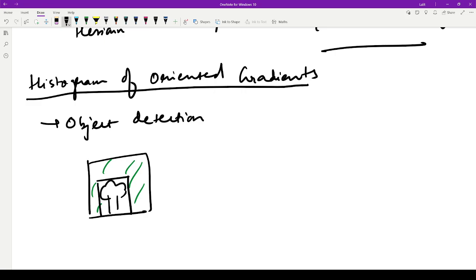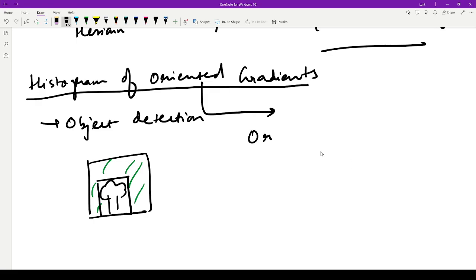Again, there were gradient computations being used to get the boundaries of the objects, and the main idea is the orientation binning, which is what they call oriented gradients. You can get the gradients using any of the gradient operators like Sobel or Prewitt. In this case, I guess Sobel was used.